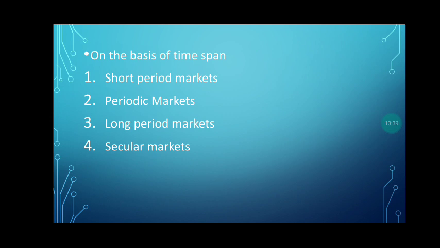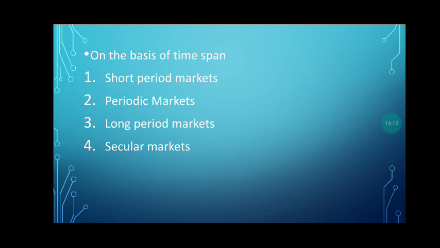The other one is secular markets. A secular market is a kind of market which is permanent in nature, which exists for many years, for a long period of time, and therefore we call it a permanent market or the secular market. The goods traded in the secular market include machineries, equipments, etc., which are durable in nature, not perishable.